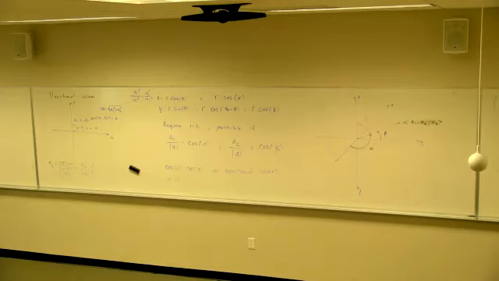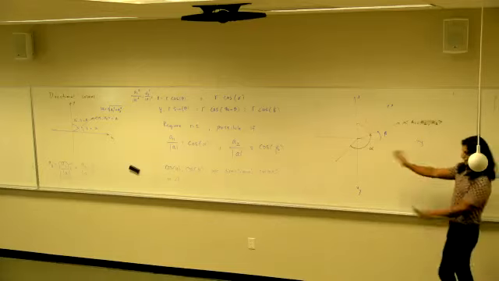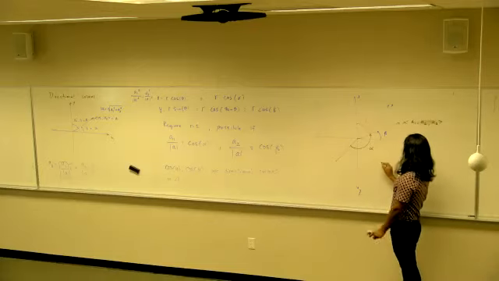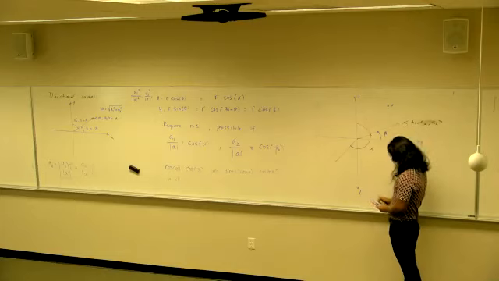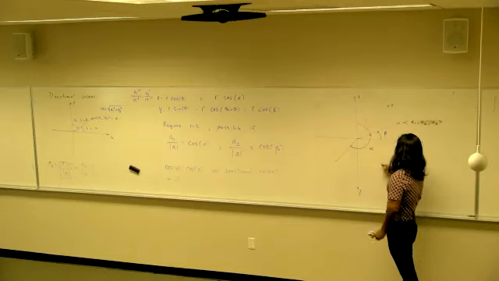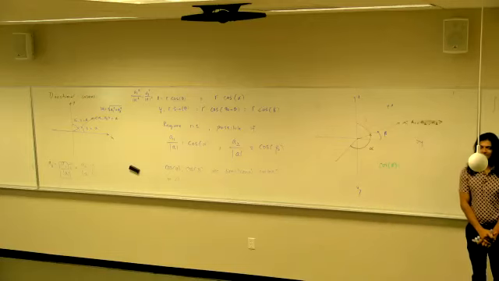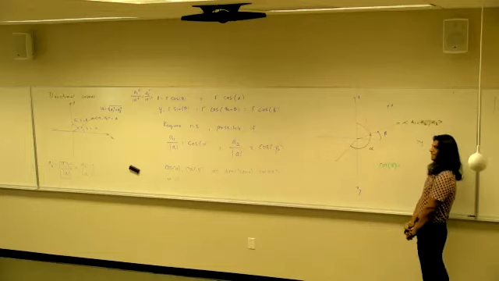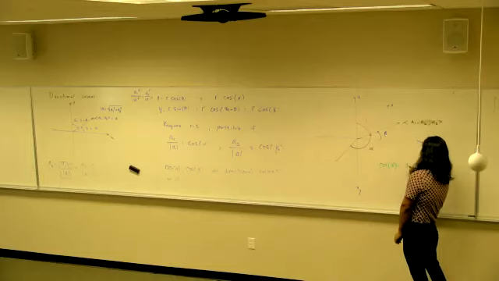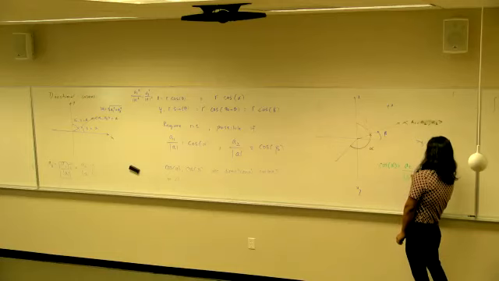Let's see if you can use logical deduction. Based on what we know, what is cosine alpha in 3 dimensions? Should still be a sub 1 over the magnitude of a. Okay.